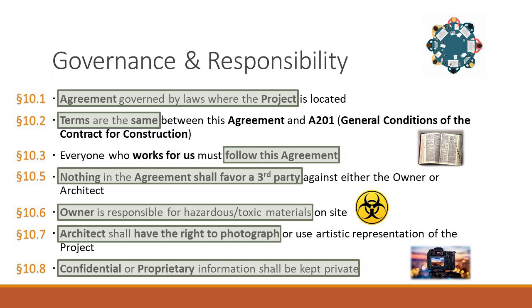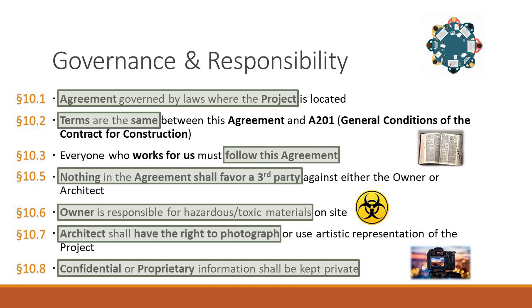10.7 continuing on in the back half of it, so while you can do photographic and artistic representations, the back half of the 10.7 says if there's confidential or proprietary information, they can't disclose that information. They can't give that out because it's all considered confidential. And that's important because the owner is going to be giving financial information for the budget.